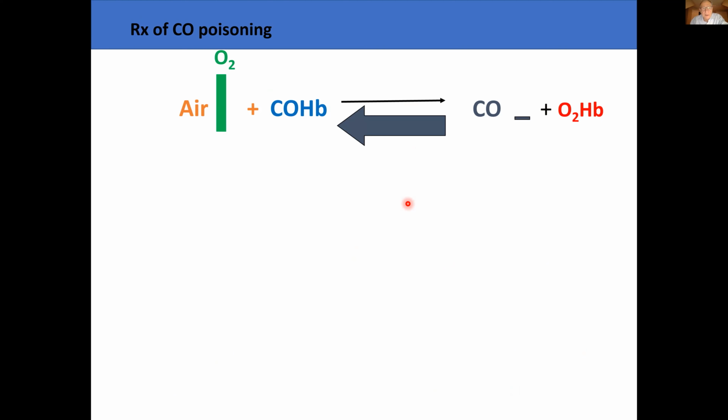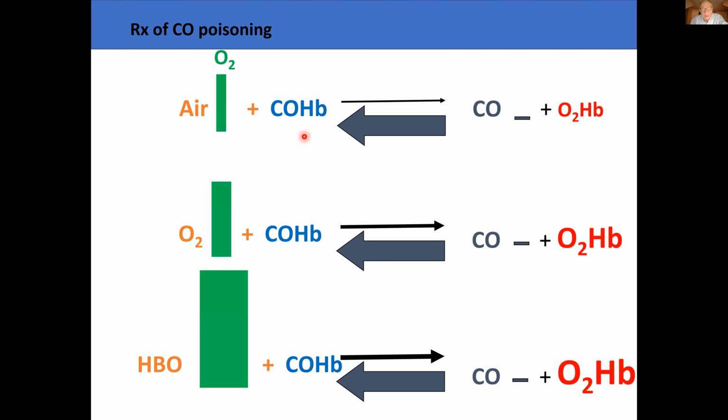So the treatment of carbon monoxide poisoning, therefore, is to compete with the carbon monoxide molecules. If you have air, you have so much partial pressure of oxygen, and the equilibrium is in this direction because of the 270 times increased affinity.